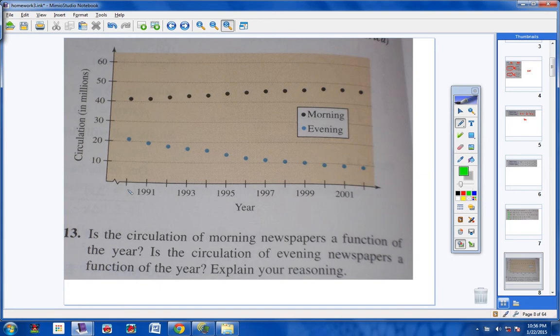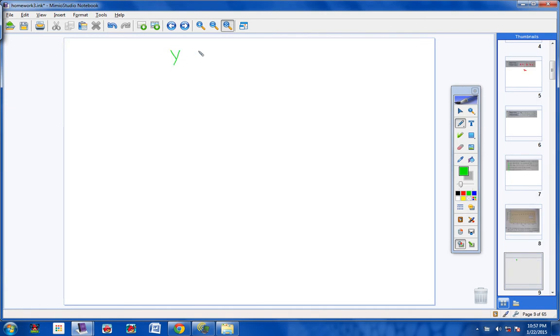Okay, there we go. Moving on to number 13. Now students, number 13 can be confusing, but if you listen to me, I will help you break this down. Is the circulation of morning newspapers a function of the year? Now remember, I taught you that when you have something like y as a function of x, that means y is by itself.